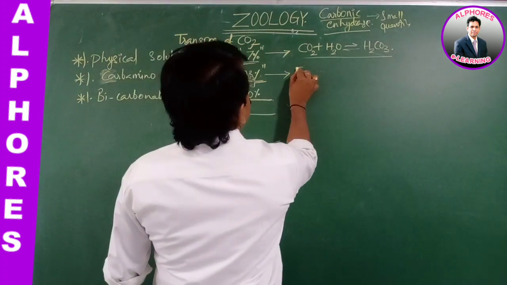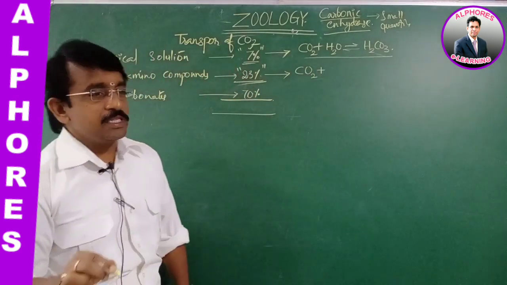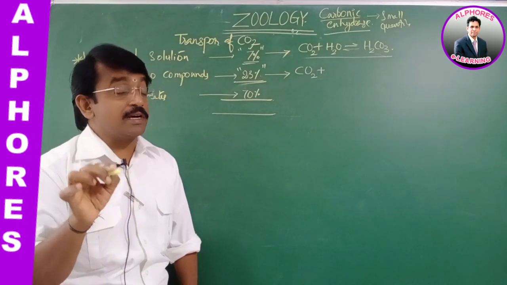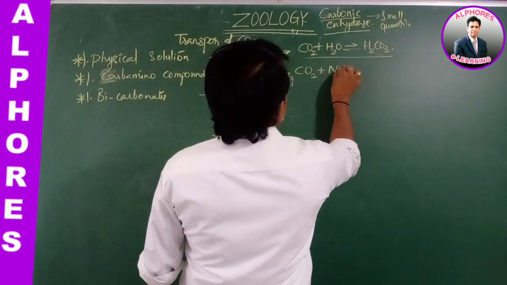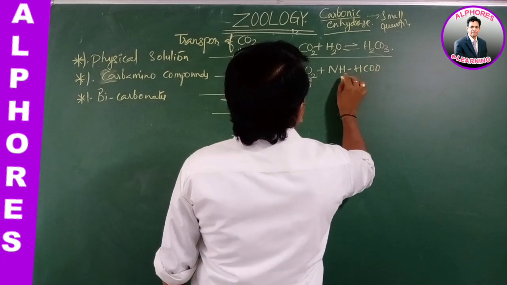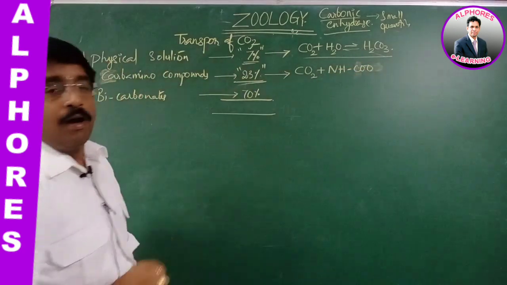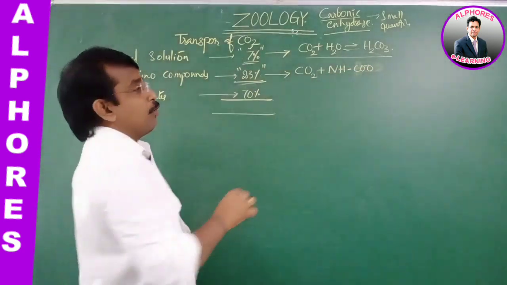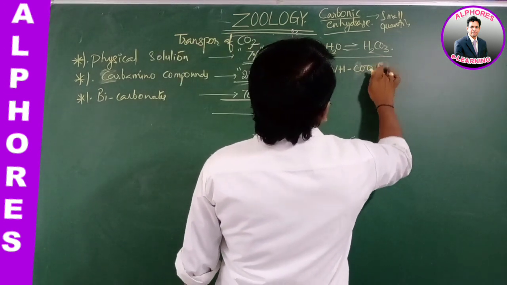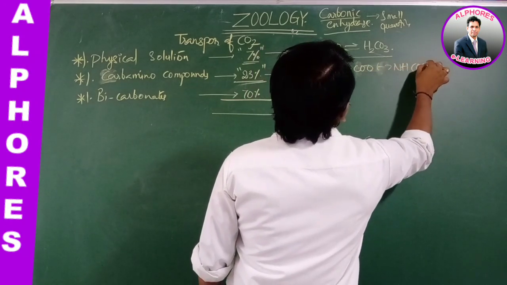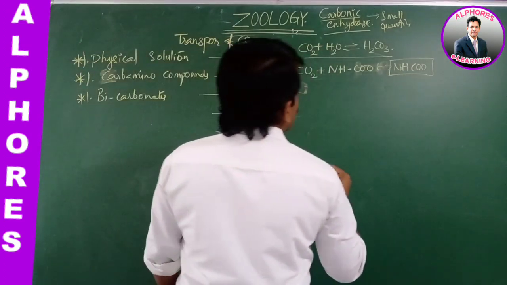So carbon dioxide combines with the RBC. RBC is with hemoglobin. Hemoglobin contains amine. Is it right? So it combines with the amine group of the hemoglobin and results in the formation of NHCOO, that is none other than the carbamino compound.